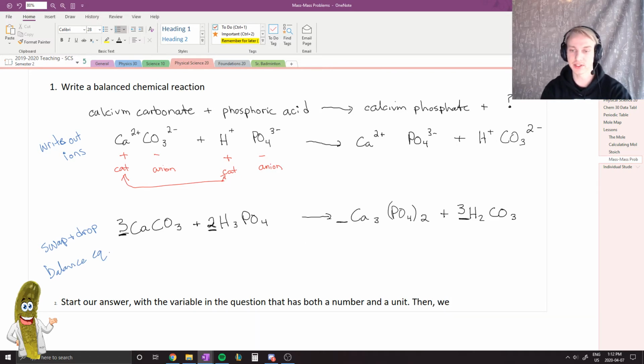Then we are going to convert it into moles.